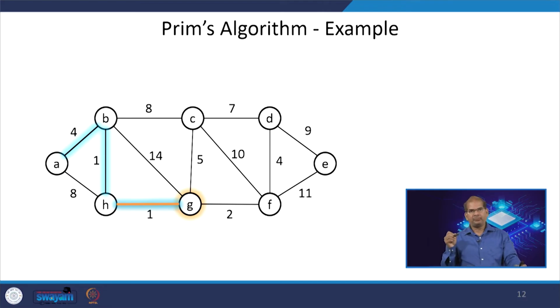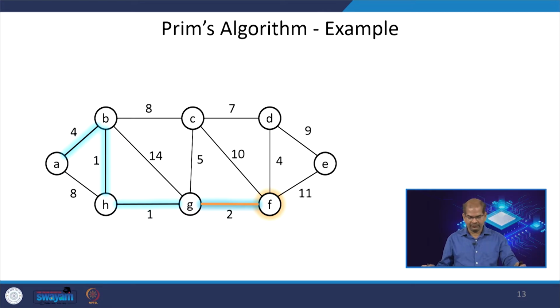Then we need to find the edge which is connected to the already existing nodes. If you can see here, the minimum one is 2. So, we have an edge from G to F. Now, after 1 and 2, 3 is not there in the graph, so which is the next edge which can be part of the tree?